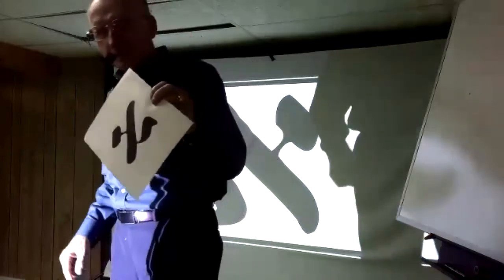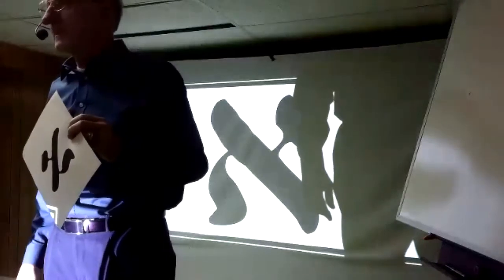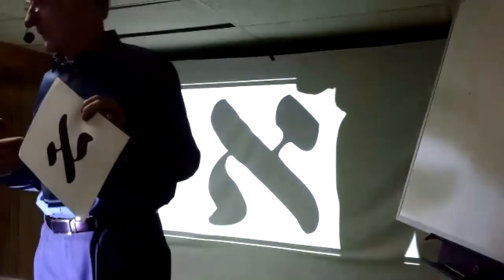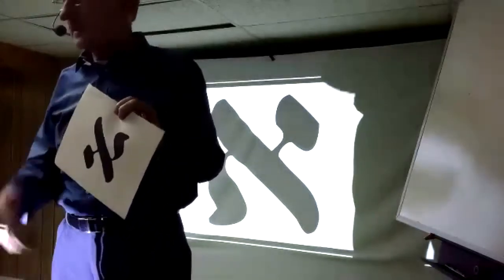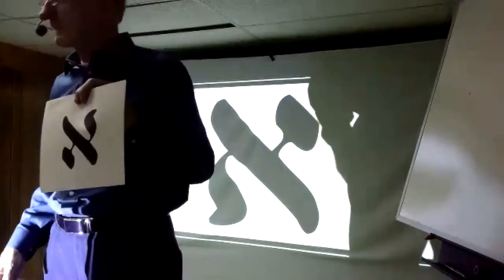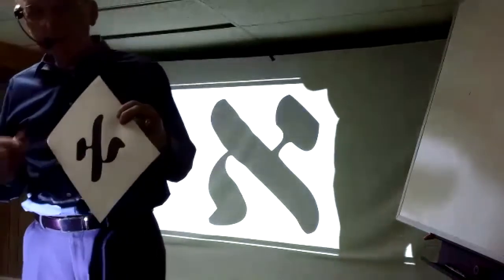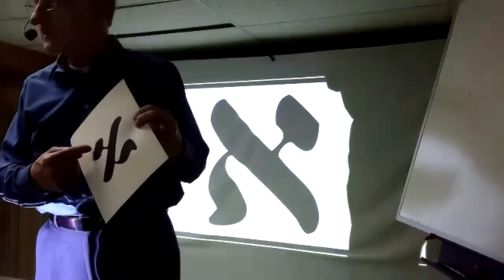But we're all created in God's image, right? So when God created us, in some respects we're going to look like Him. Well, this is a letter for God, right? But look when I turn it like this, you can see a trachea and you can see the two lungs.